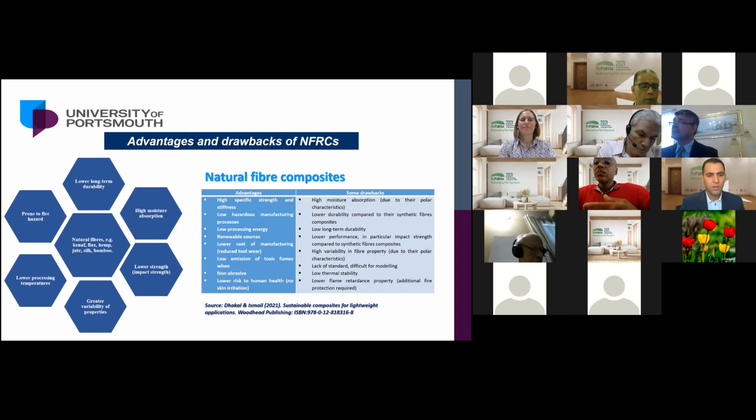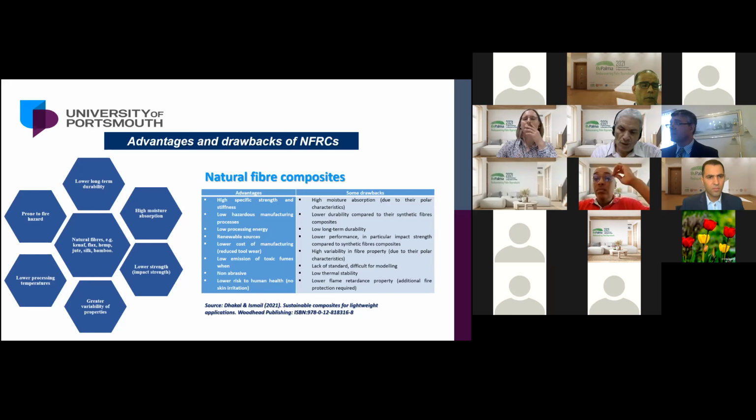Obviously, drawbacks: moisture absorption is a big drawback of natural fiber composites, along with lower durability, inferior long-term durability compared to conventional composites, and performance that sometimes is not as strong as conventional materials. Then there are fewer standards available, low thermal stability, and lower flame retardancy behavior. And overall, the variability of properties is challenging.